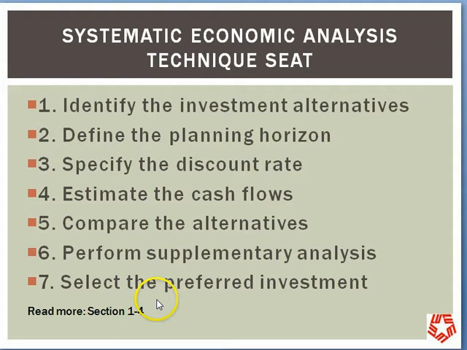Number 5 is to compare the alternatives using different performance measures, and we're going to talk about those performance measures. Number 6 is to perform supplementary analysis that will allow us to make sure that the decisions we're making are sound and robust. And finally, step number 7 is to select the preferred investment.